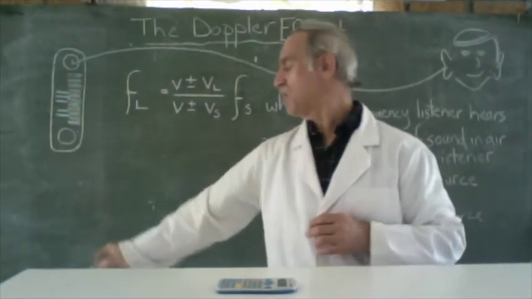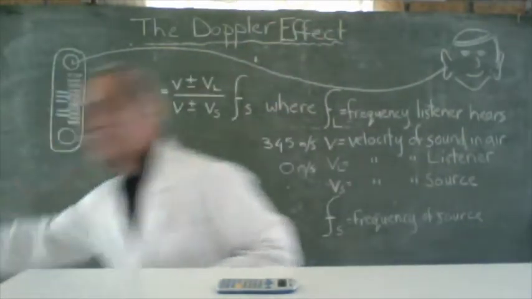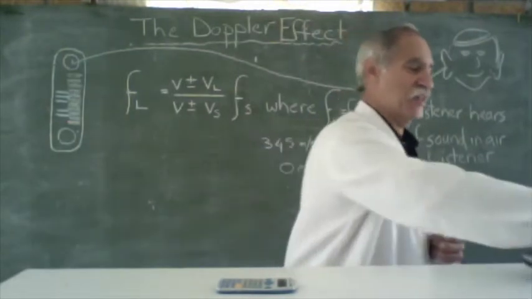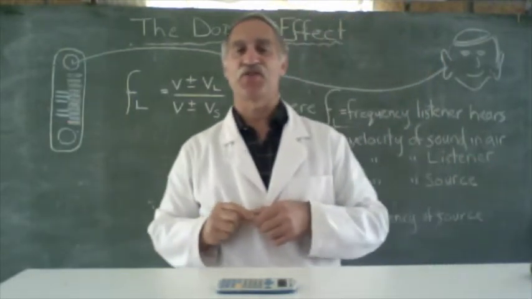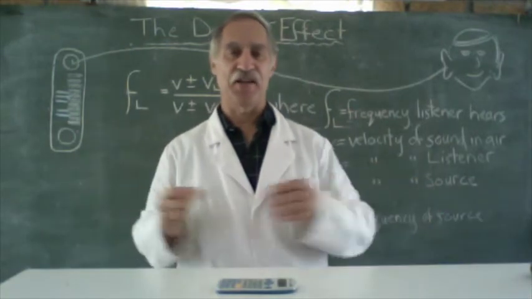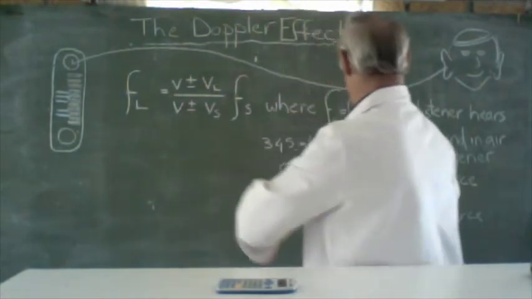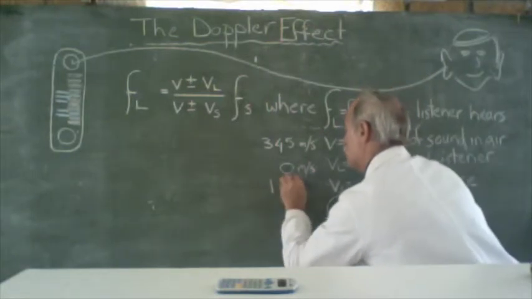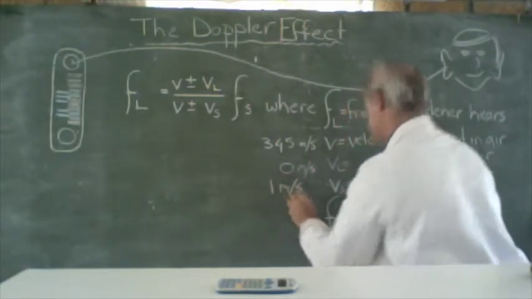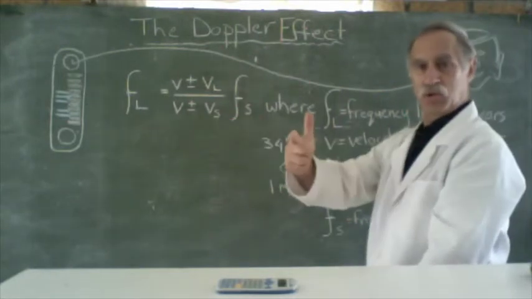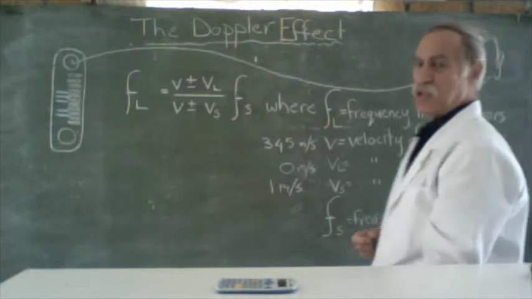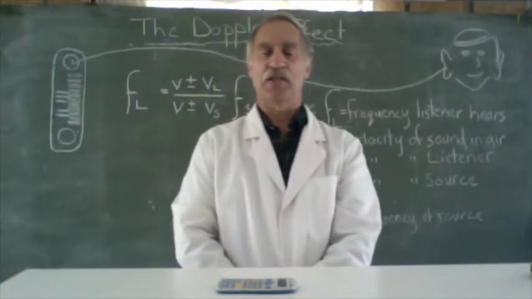One when the organ is approaching the camera and one when it is leaving the camera. I'm going to hear what the change of frequency is and try and calculate it. So the velocity of the source, we've tried to move it at 1 meter per second, both towards and then away from the camera. And then the frequency of the source is middle C.